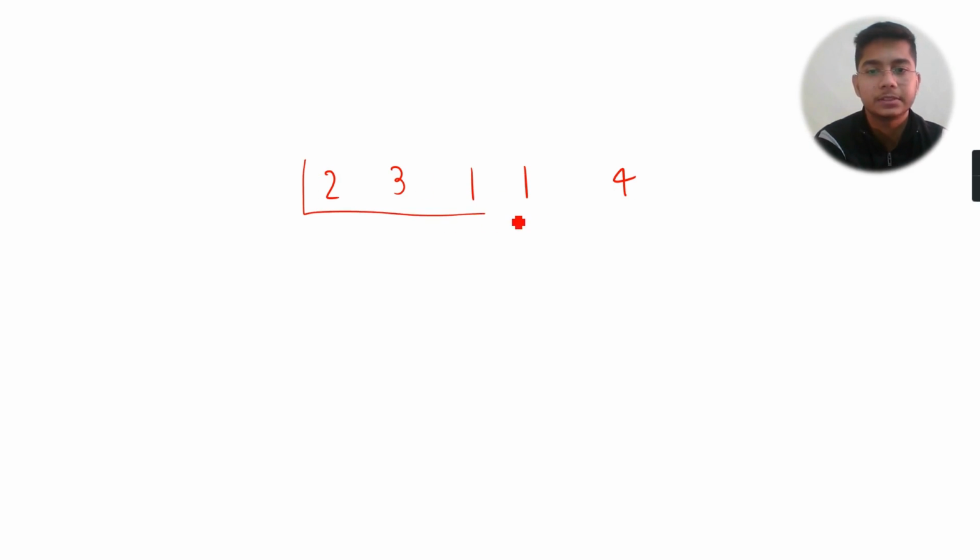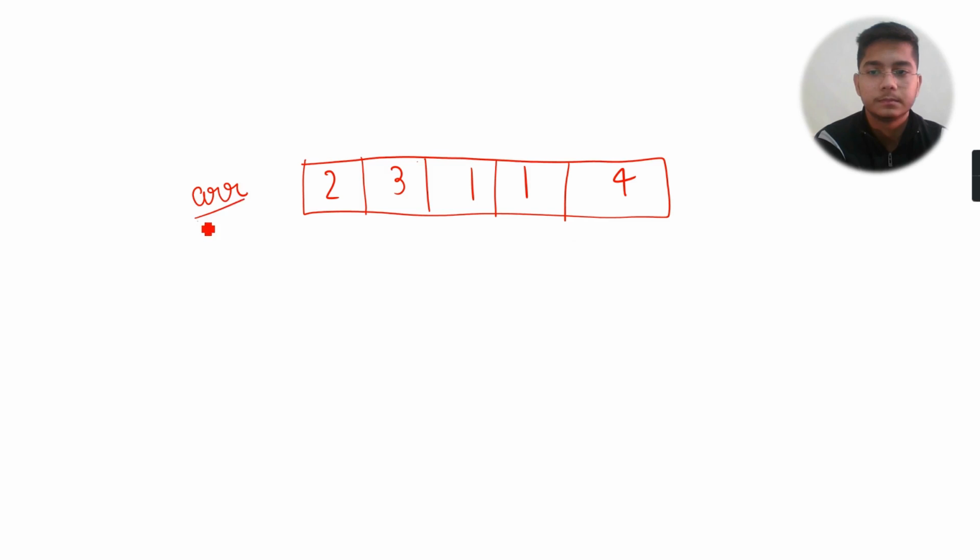So what was given is 2 3 1 1 4, let's say. This was our array. If this was the array, I am initially at this position, my i is here.